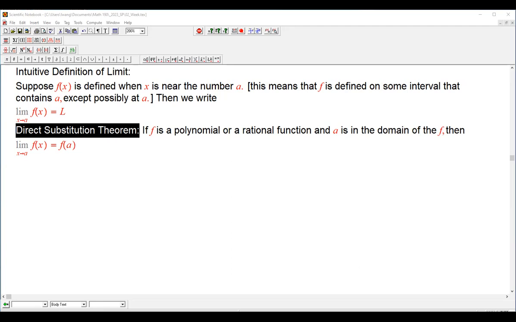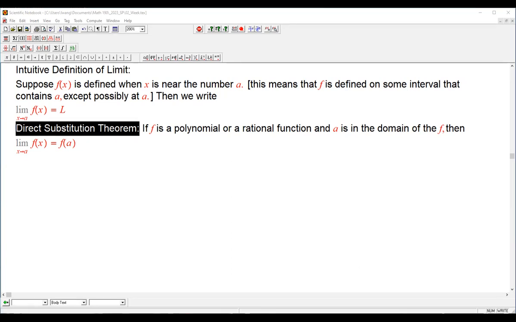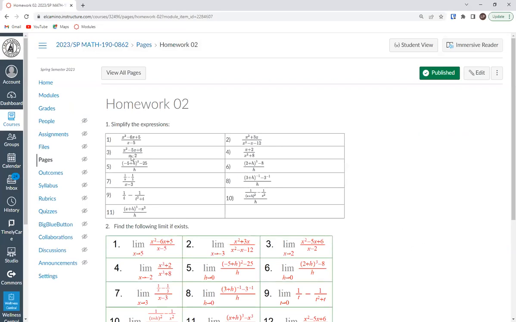So this is our homework section. We did the first one, right? The second one is similar. The third one is similar. And let's look at number 4.